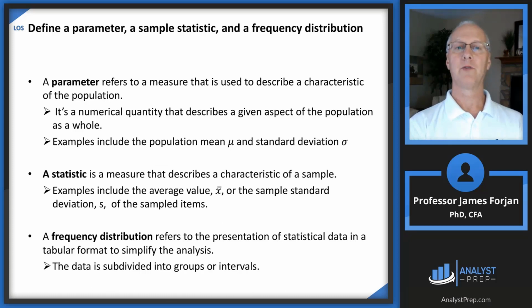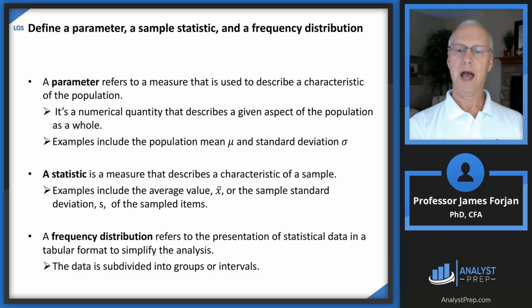How about the difference between a parameter and a sample statistic? A parameter refers to a measurement that's used to describe the entire population. And there is a population mean and a population standard deviation, as opposed to a sample statistic, which is a statistic that describes a sample.